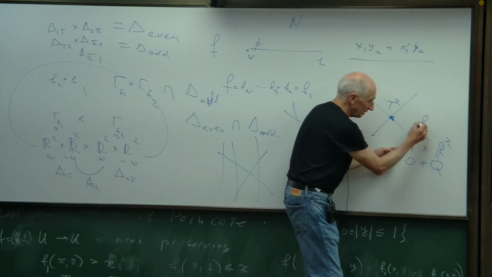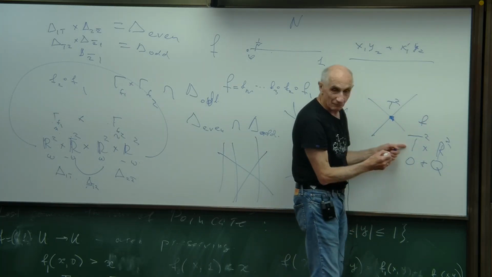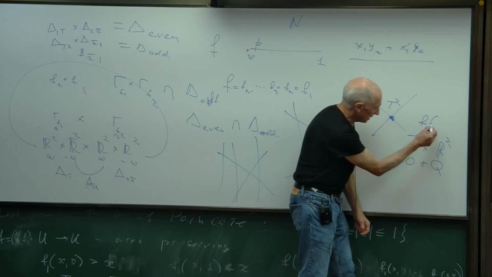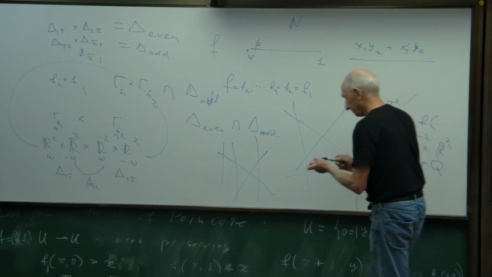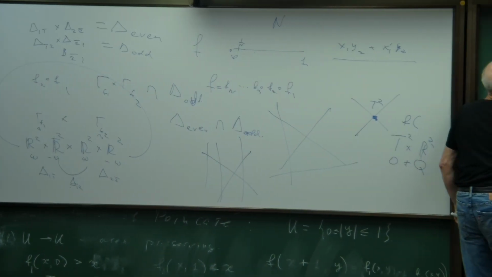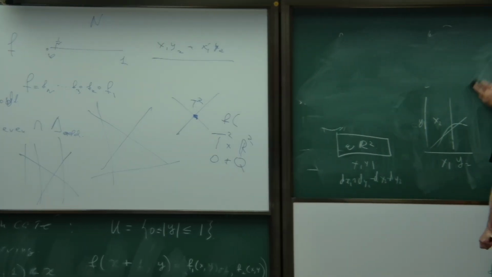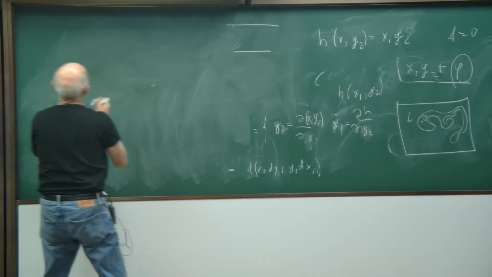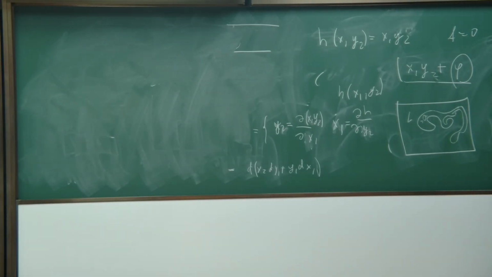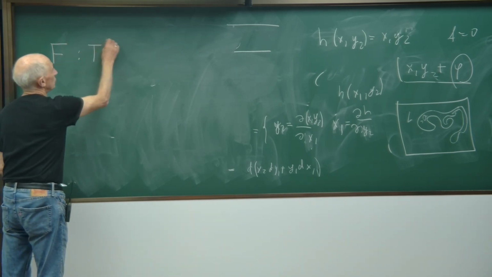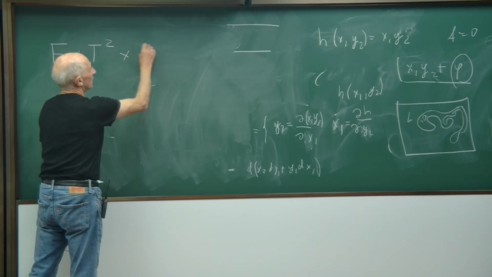As a result of this construction, you get some function which is defined on torus cross R2.